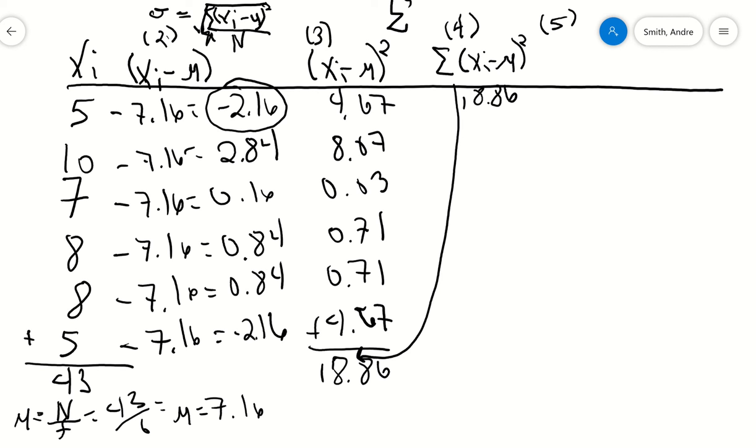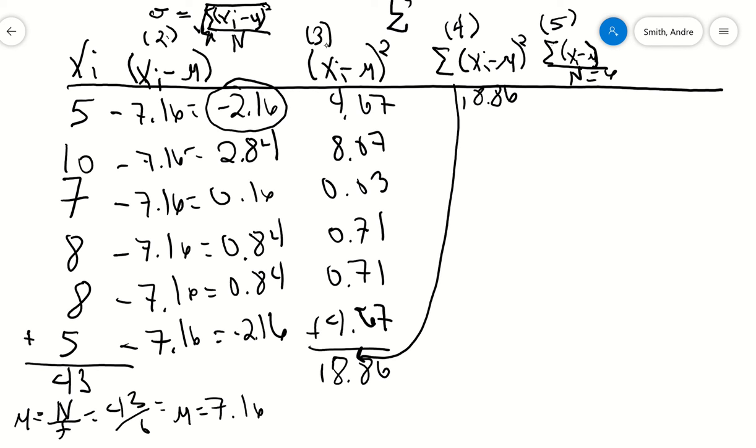And step number 5 was that we had to divide what we got so far by n. In this particular case, n means the number of observations. So n for us is 6, right?